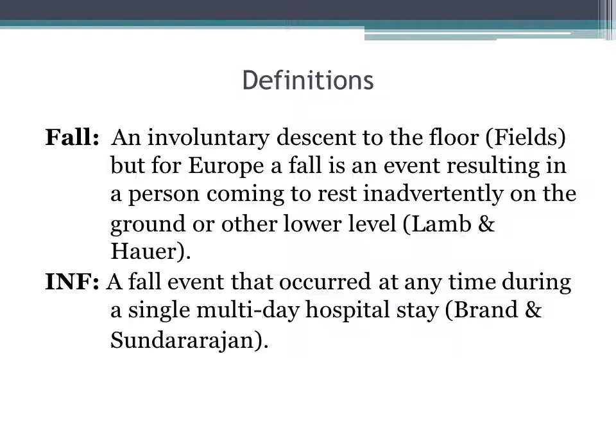It's basically the same type of definition. And an inpatient fall is a fall event that occurred during a single multi-day hospital stay. Basically, if they're there more than 24 hours and a fall happened, then that was counted in any of the research that I read.